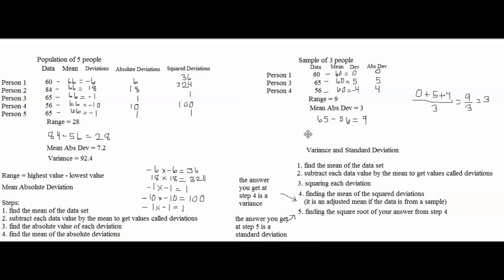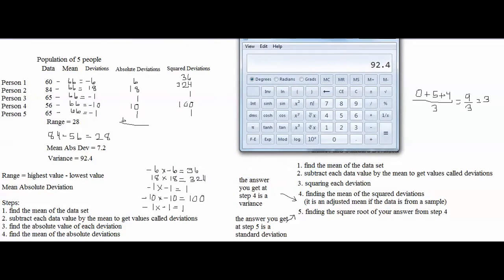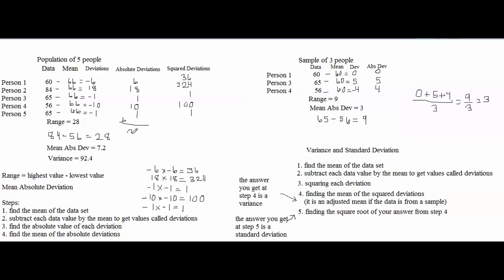Sometimes I like to write out the work like this. For the mean absolute deviation and the variance. Remember, we just added and divided by 5.